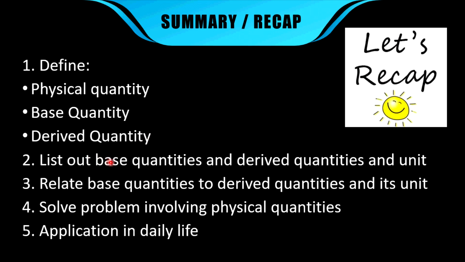List out base quantities and derived quantities. You have learned 7 base quantities, which are length, mass, time, thermodynamic temperature, electric current, luminous intensity, and amount of substance. And make sure you know some of the derived quantities, example, force, momentum, pressure, energy, and so on. And make sure you also know how to write the unit.